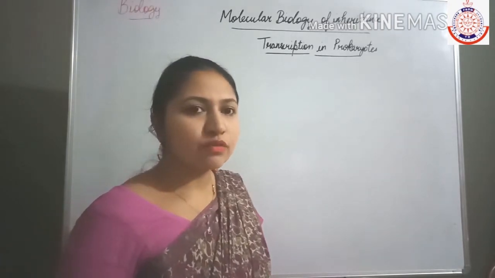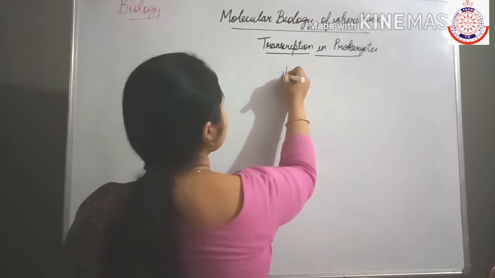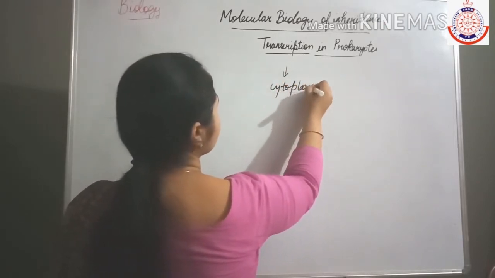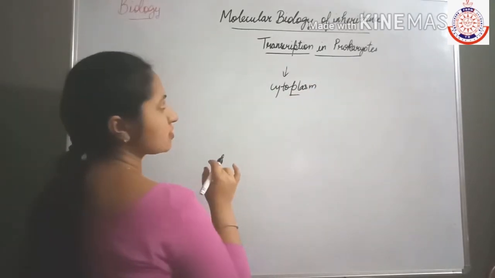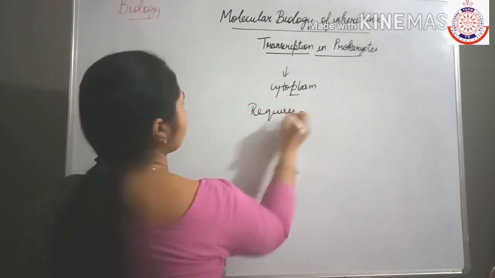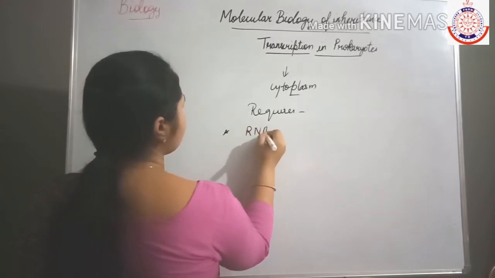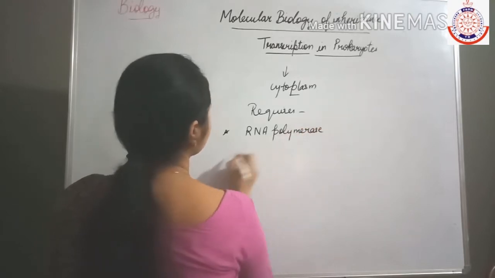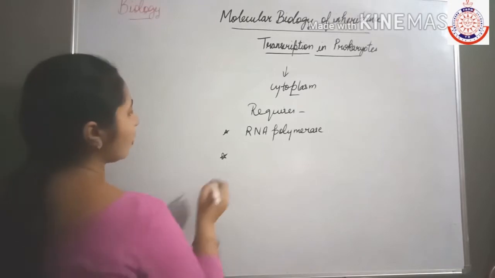So students, next we will discuss transcription in prokaryotes. Transcription in prokaryotes occurs in the cytoplasm region. And what are the requirements for transcription in prokaryotes? It requires the RNA polymerase enzyme, which is also known as DNA dependent RNA polymerase.